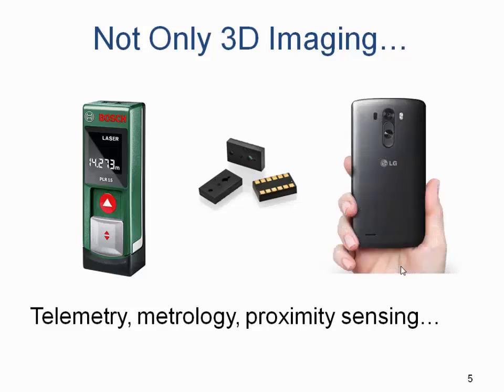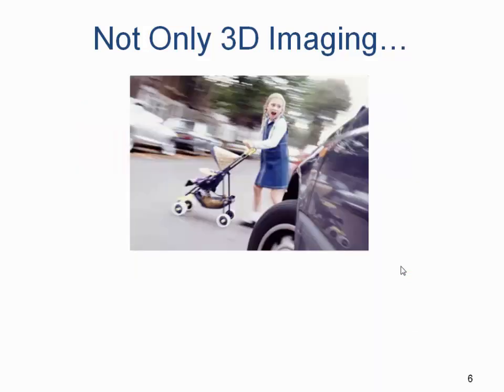And actually, this product has been recently released and integrated in a cell phone. The idea here was to determine whether the person is using the phone or whether the person is doing something else with it, but ultimately I'm sure it will be used for other purposes within the phone.